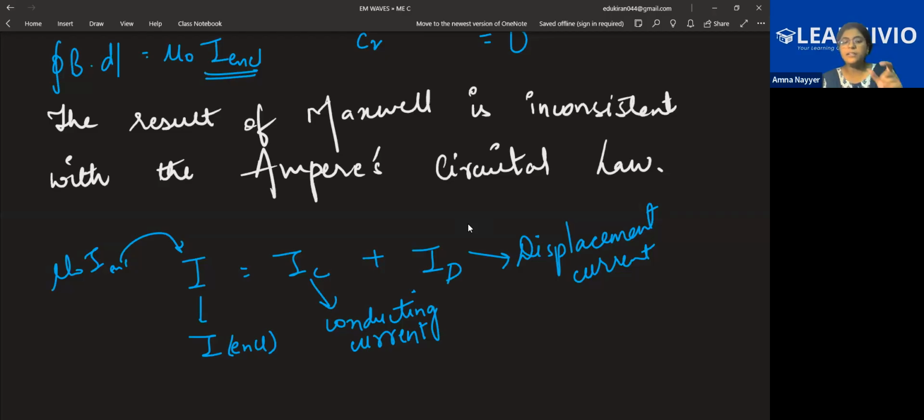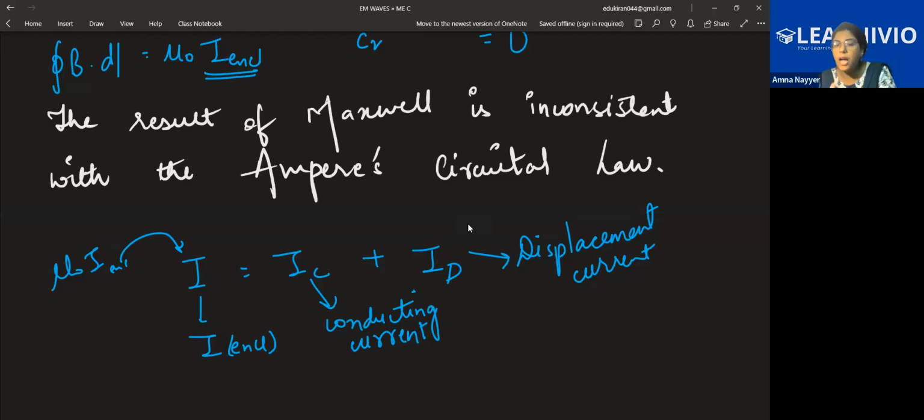I said that the current which is enclosed within our circuit is not enough, because in the case of EM waves it is not matching with Ampere's circuit law. So this Maxwell law is not matching with it. It means some component is missing. That missing component is the displacement current.